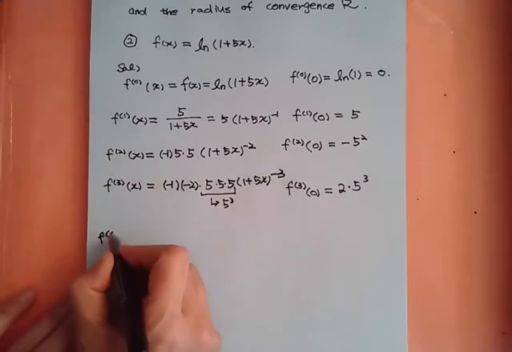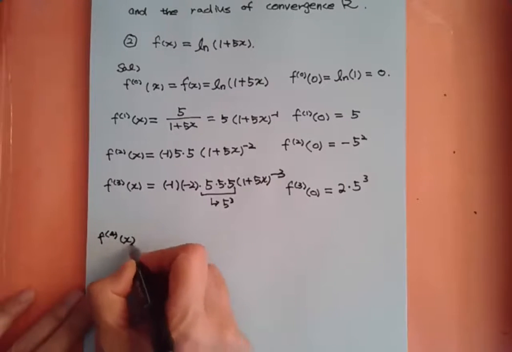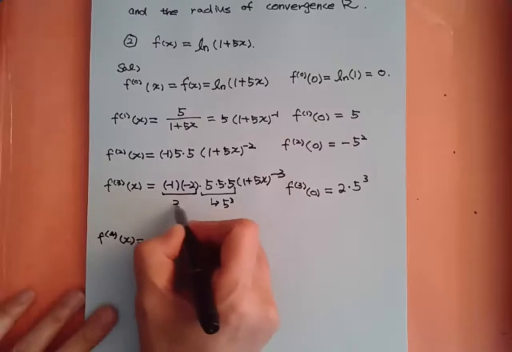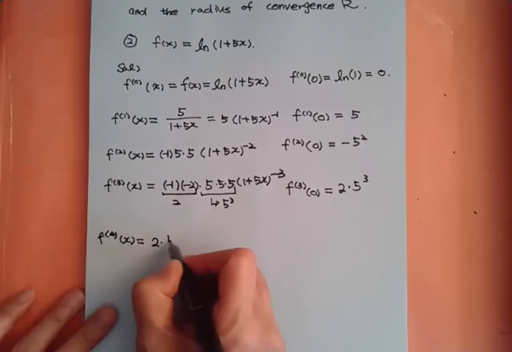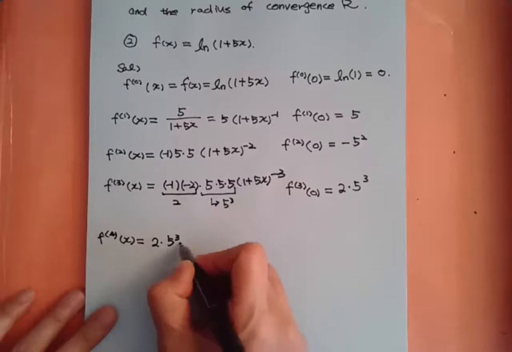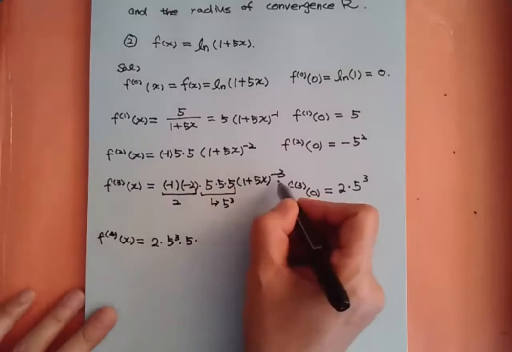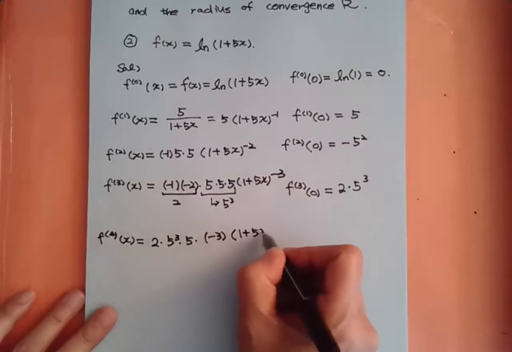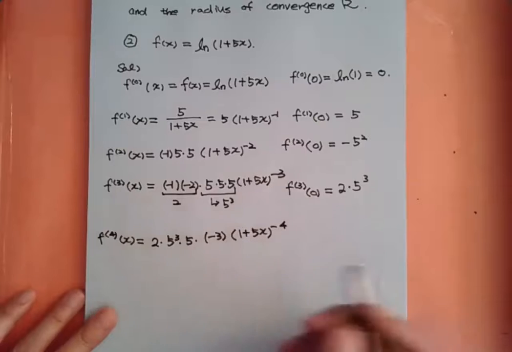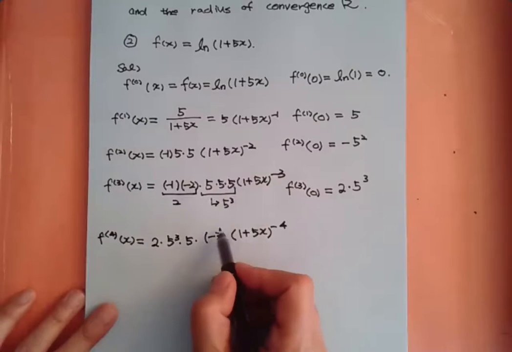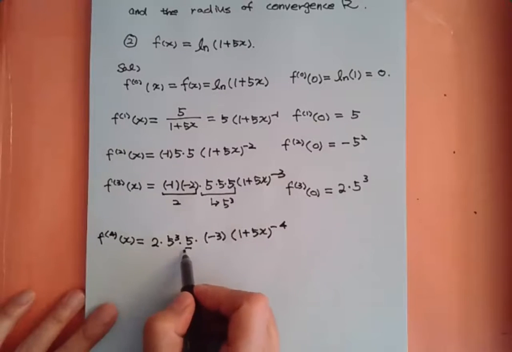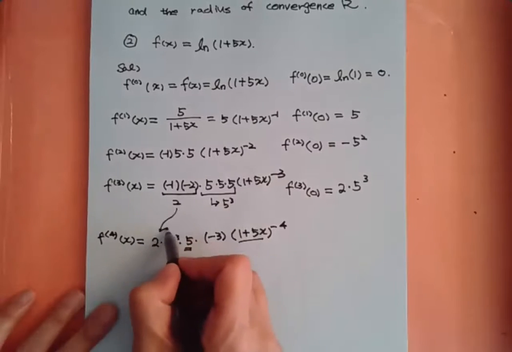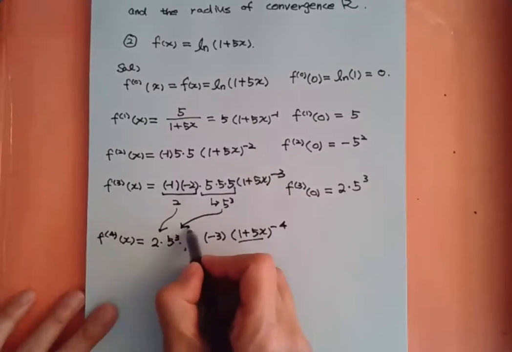The fourth derivative of f at x is, this one was 2. So 2 times 5 cubed times 5 times this one, minus 3 times 1 plus 5x to the negative 4 power. This one came from the power, this one from the chain rule, and 2 came from here, 5 cubed came from here.